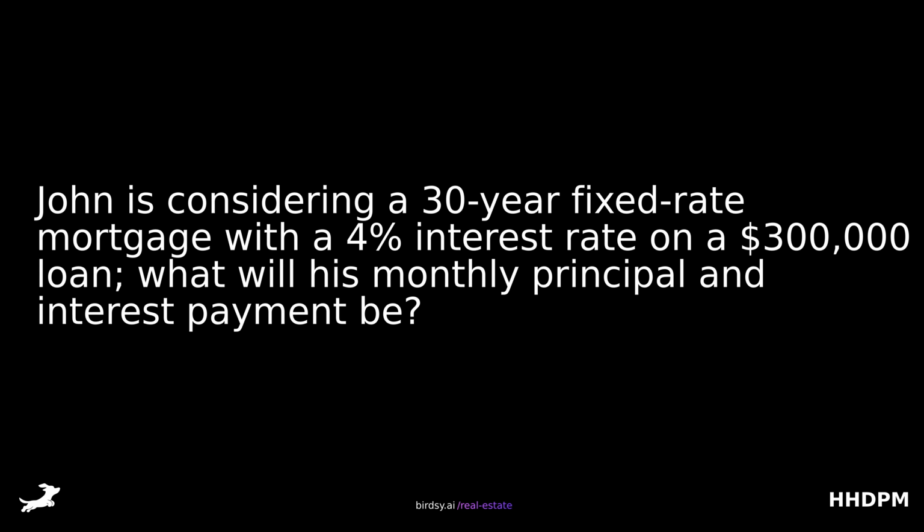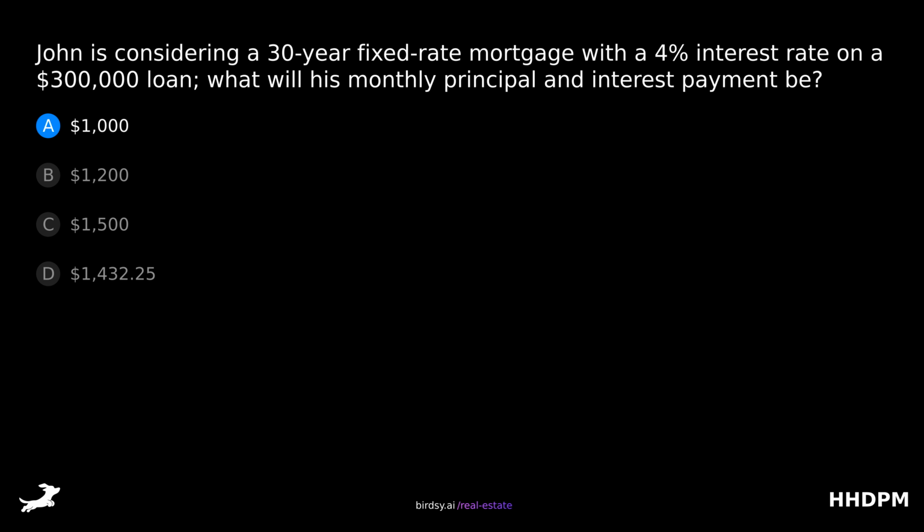John is considering a 30-year fixed-rate mortgage with a 4% interest rate on a $300,000 loan. What will his monthly principal and interest payment be? Is it A, $1,000, B, $1,200, C, $1,500, or D, $1,432.25?